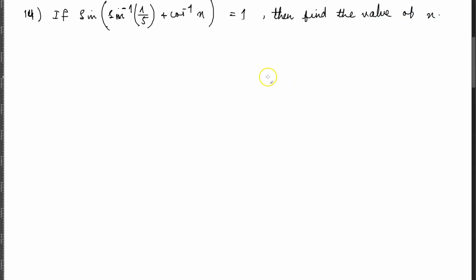So basically you have the sine inverse of 1/5 plus cos inverse of x, and if you take the sine of that, it is equal to 1.